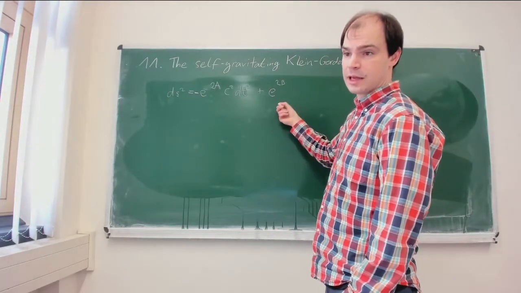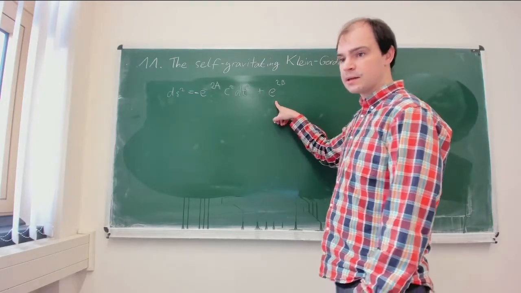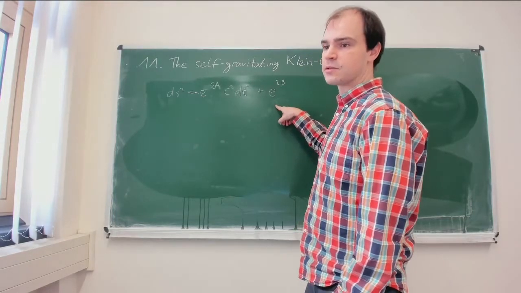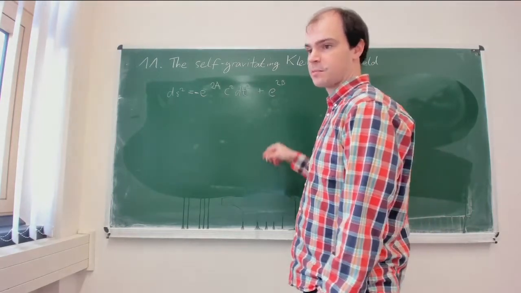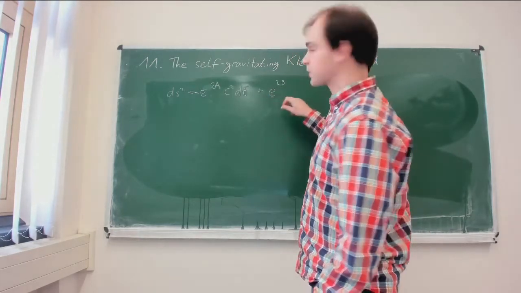This is just a notation with the exponential function. I could also just write a function here without taking the exponential, but this makes it a bit easier to handle the derivatives of these symmetric elements, as we will see later.